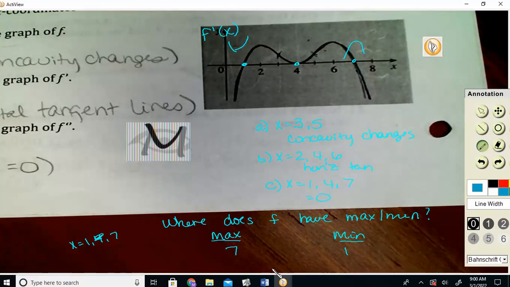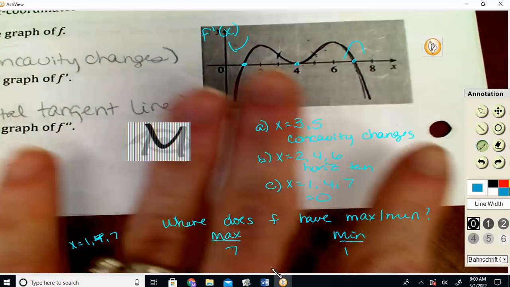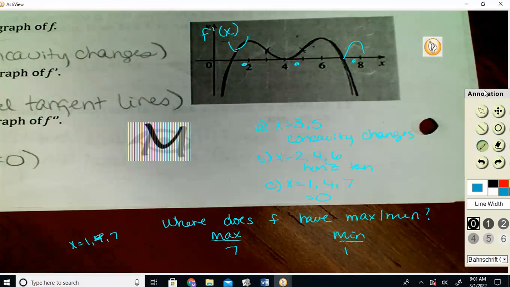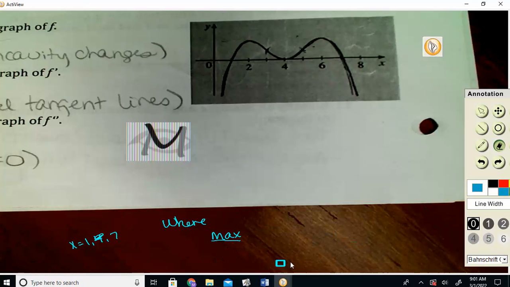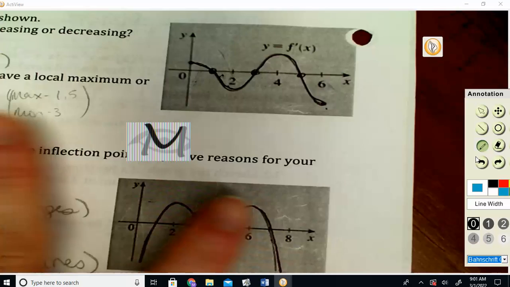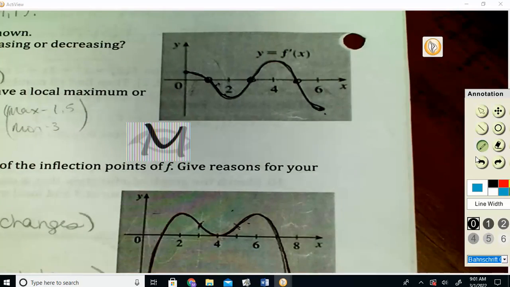All right, so question 15 is kind of related to that. I'm assuming you guys would like to work out 15 as well. So it tells us we are looking at the graph of the derivative, so kind of like the question I just asked you. And I want to know, when is this graph increasing or decreasing?